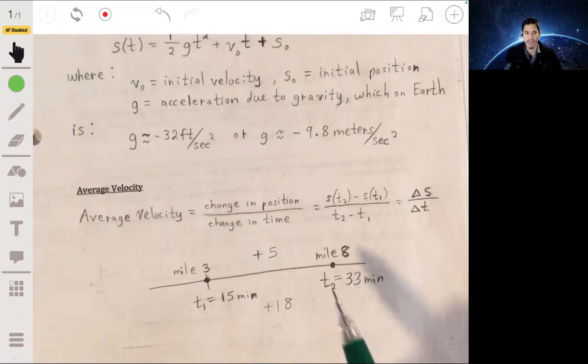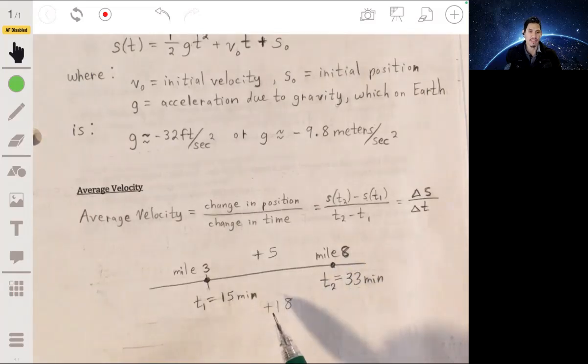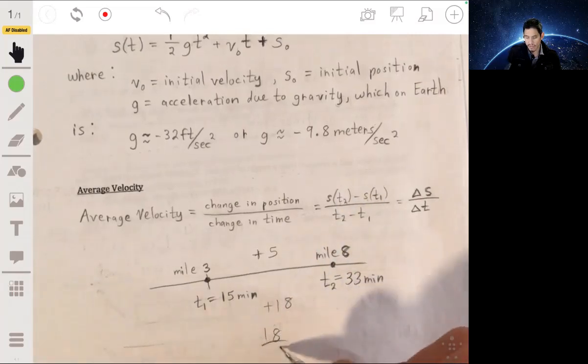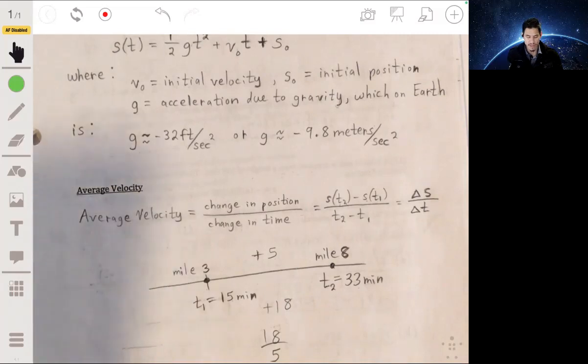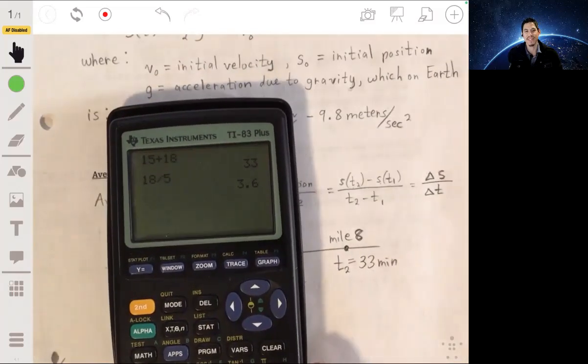Again, this is hypothetical, but that means he took 18 minutes to go 5 miles. So 18 over 5 means he was going 3.6 minutes per mile.